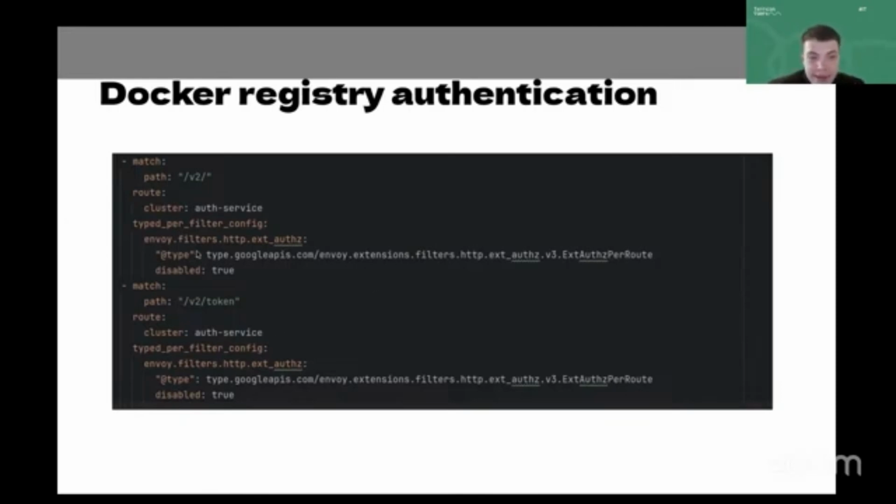Note that we've added an additional section with typed per filter config, which disables authentication for these two routes because we only need to authenticate requests, for example, for blobs, for manifests, for configs, but these endpoints are authentication itself. So just to break this, do not get into the loop in our service.